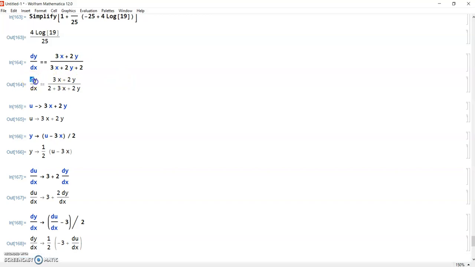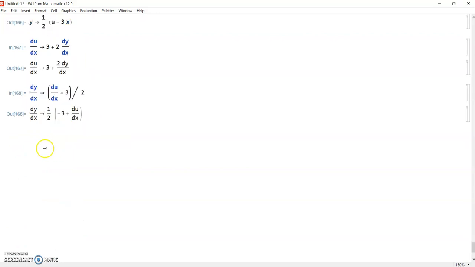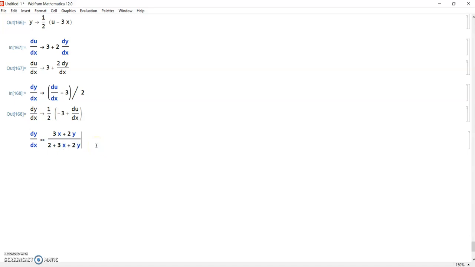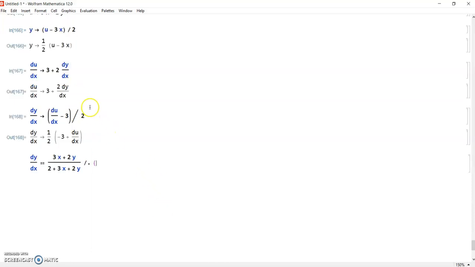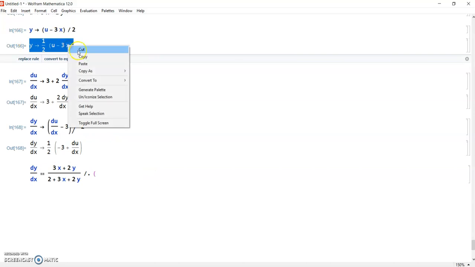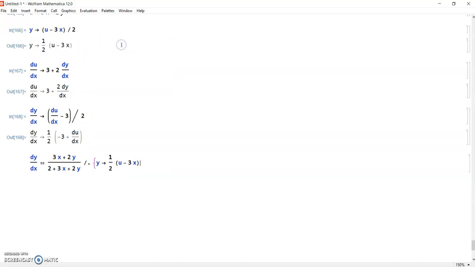So I take this original differential equation and now substitute two of the values. One is y and the other is dy over dx.